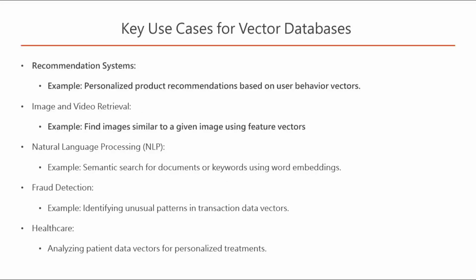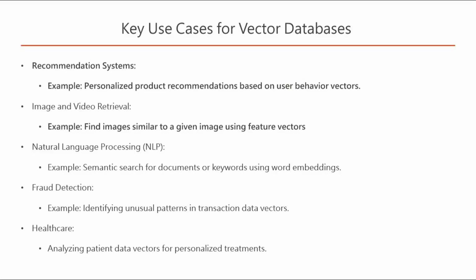In this slide, we introduce the key use cases for vector databases. The recommendation system is an example: personalized product recommendations based on user behavior vectors. Second is image and video retrieval.